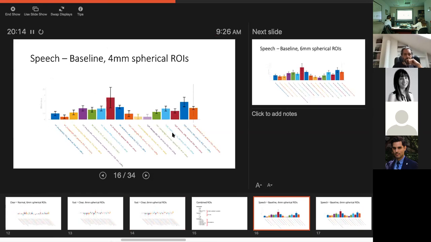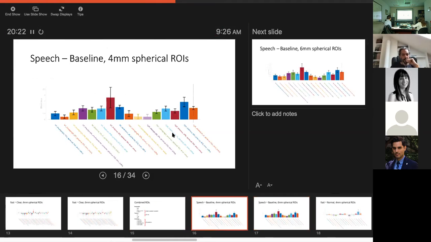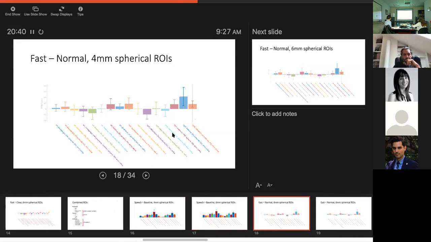So again, very similar, clear activation in speech minus baseline for both the 4 and the 6. There's a parallel here with the regions that weren't active previously in the 4 millimeter, and in this analysis. So there's just a nice consistency between them, which is what we would expect. It's always nice to see that.